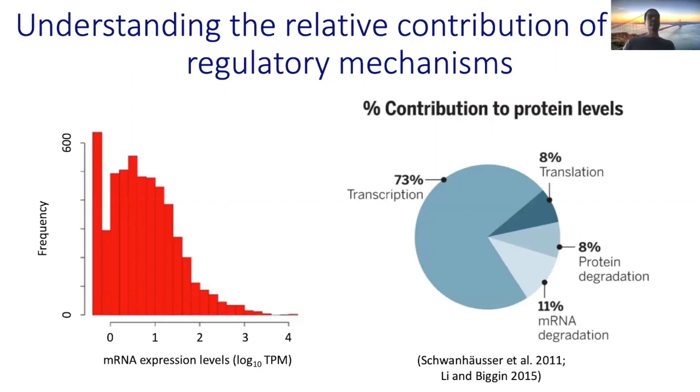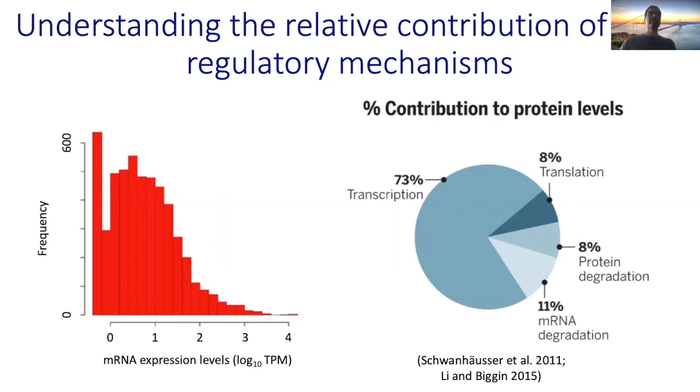So if we think about this as a contribution to the levels of the proteome, or levels of the proteins in the cell, there are some interesting studies from Europe that specifically interrogated the rates of transcription, translation, as well as degradation rates for mRNAs and proteins.